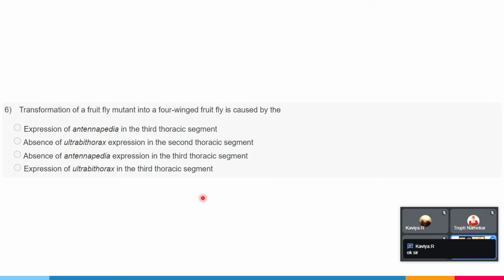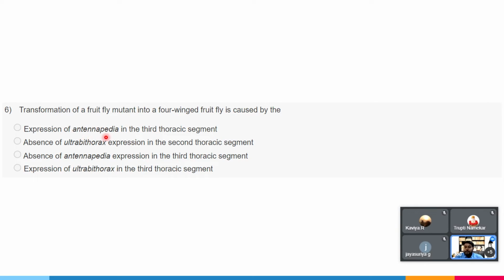Transformation of a fruit fly mutant into a 4-winged fruit fly is caused by, so as I said, mutations in the Hox gene will cause great changes in the body plan of the embryo. Such a mutation is carried out in this particular question, and they are asking, if we see a mutant fly which is a 4-winged fruit fly, what mutation has exactly caused this?